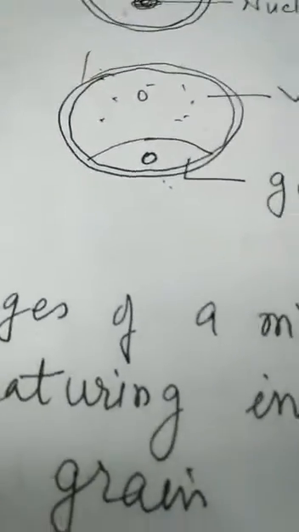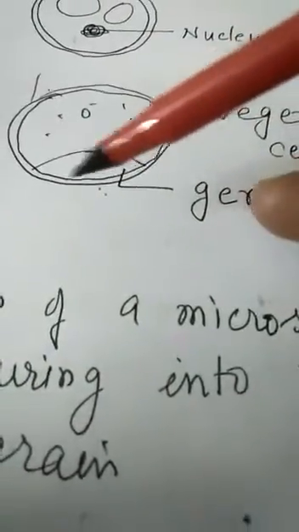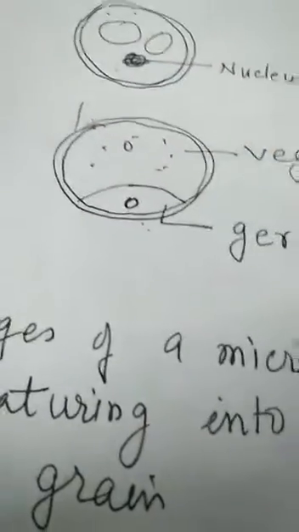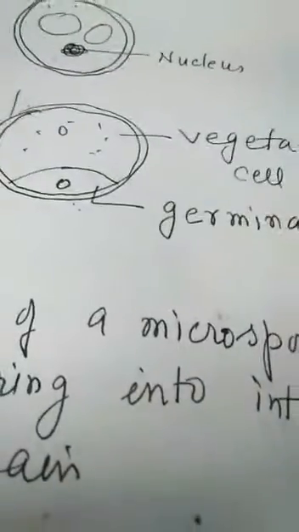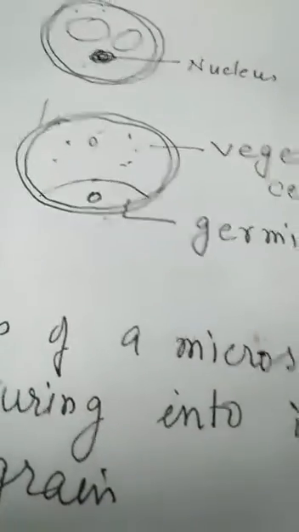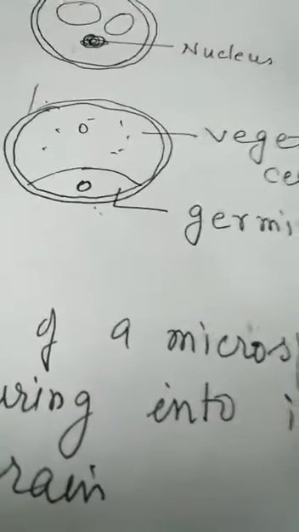In the remaining angiosperms, the three-celled stage, in which the generative cell divides into two male gametes, falls on the stigma to cause pollination. What is pollination? Transference of pollen grains from the anther of a flower to the stigma of a flower is known as pollination.